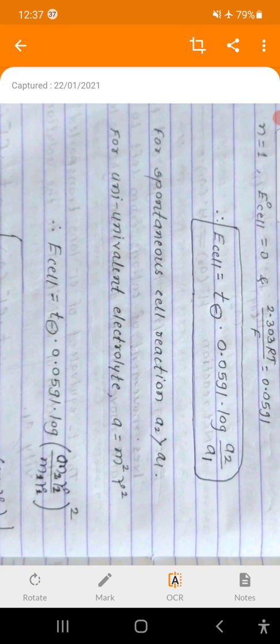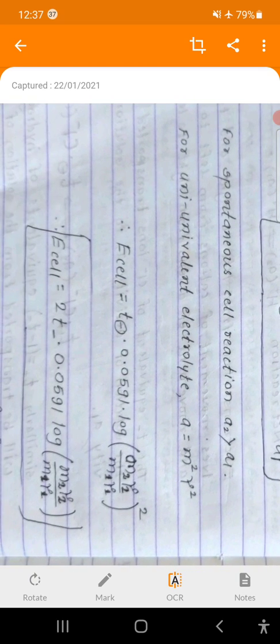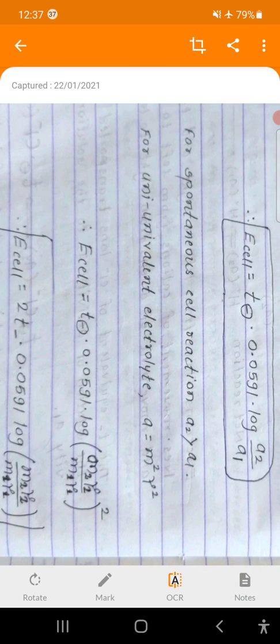Then if we consider A2 and A1 for a univalent electrolyte, A2 is equal to m2 square gamma 2 square, and A1 is equal to m1 square into gamma 1 square.